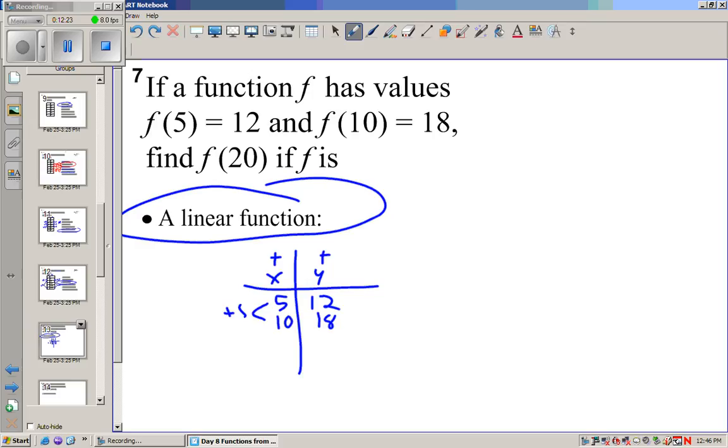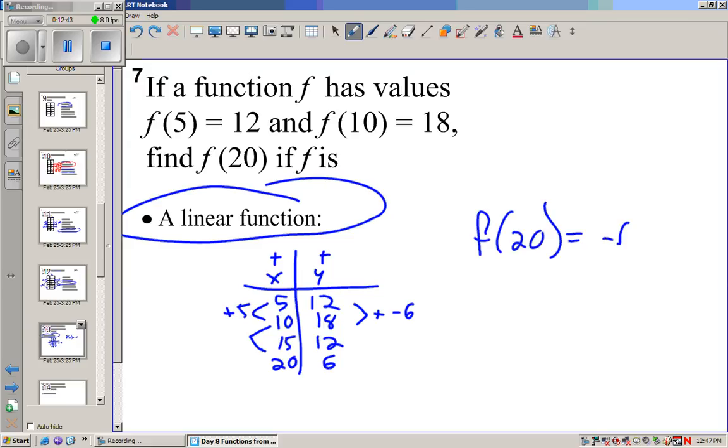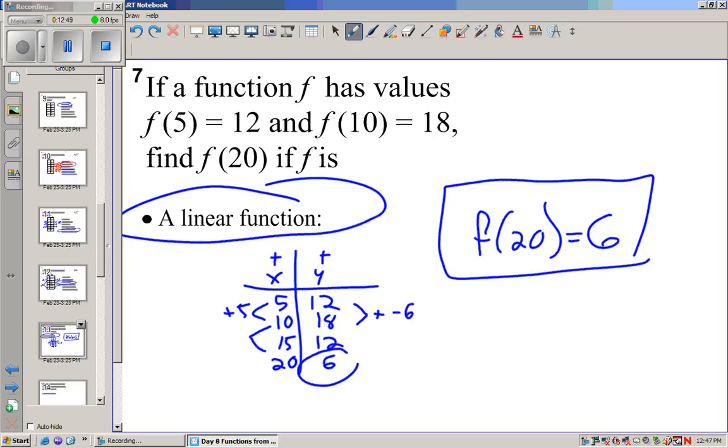So here I'm adding 5, here I'm adding negative 6. So if I go up to 15, this will go down to 12. And if I go up to 20, this will go down to 6. So in this situation, f of 20 is going to be not negative 6, positive 6, because it's this value right here.